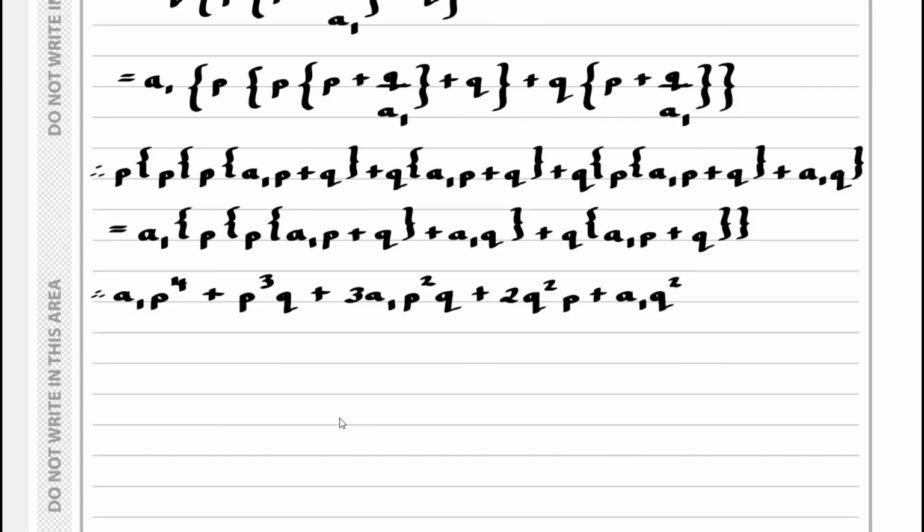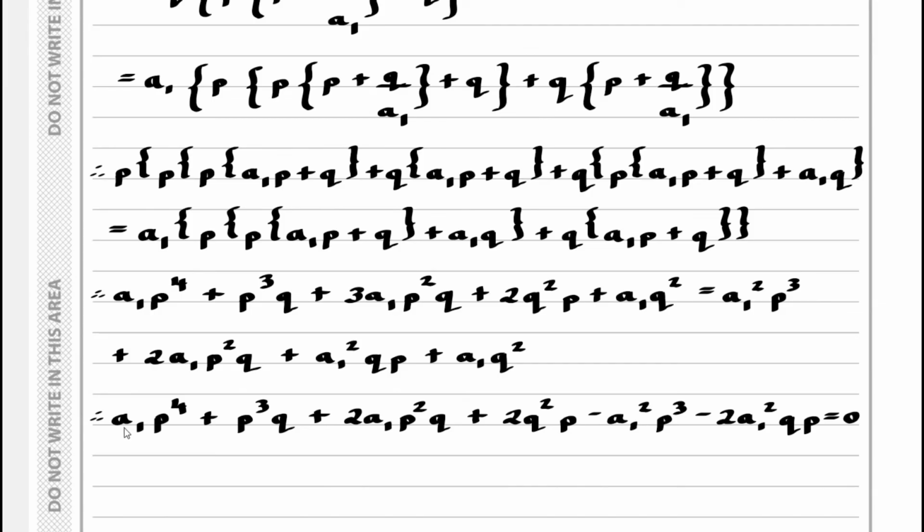So if I expand, I end up with A1p to the 4 plus p cubed q plus 3A1p squared q plus 2q squared p plus A1q squared on the left hand side, and on the right hand side I have A1 squared p cubed plus 2A1p squared q plus A1 squared qp plus A1 squared.